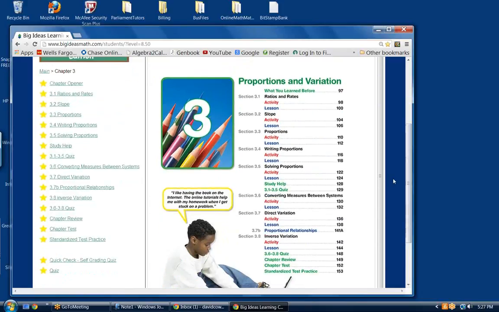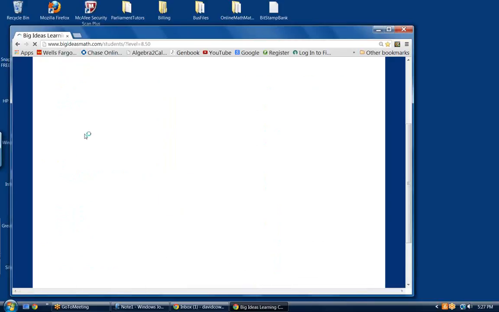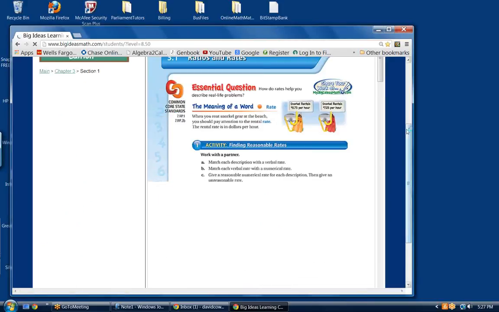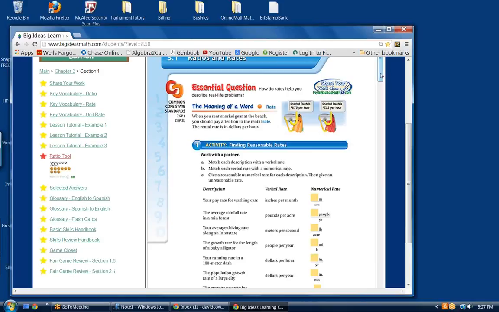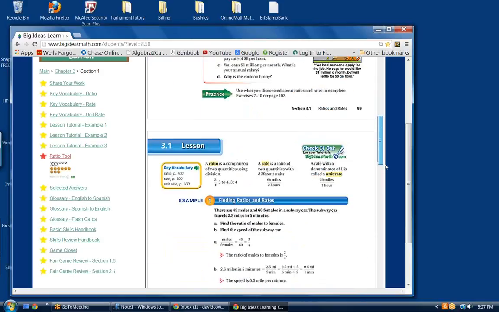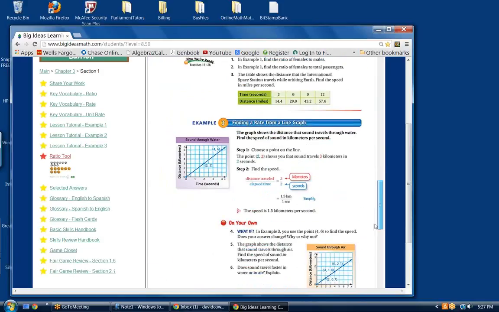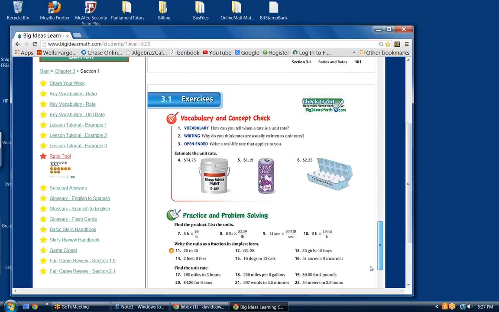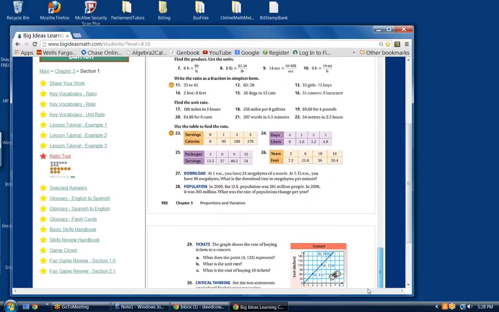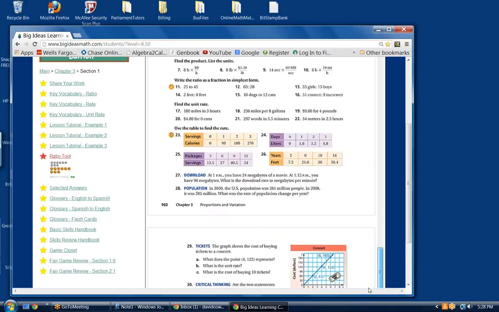You've got time for 1 or 2 problems. You pick which part you want to look from. Let's do 3.1, the pages 100 up. Now let's just go down to the exercises here. All right. Shall we start with 7?